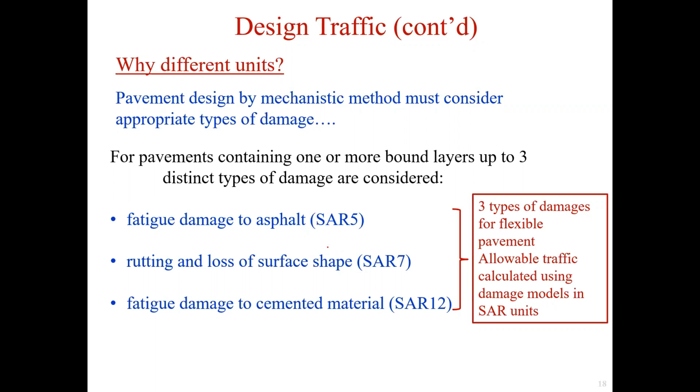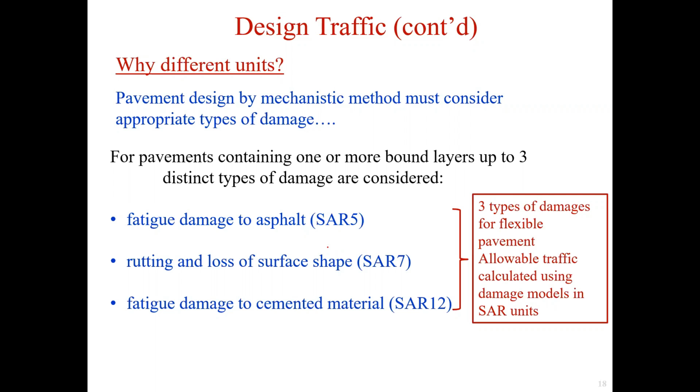For pavement design by the mechanistic method, how do we consider appropriate types of damage? In design of granular pavements with thin bituminous surfacing, only one type of damage is considered, namely the overall deterioration of the pavement, reflecting the increased level of roughness and rutting.